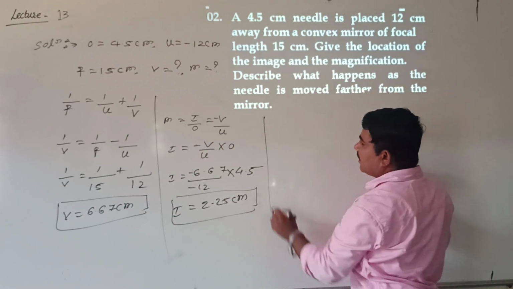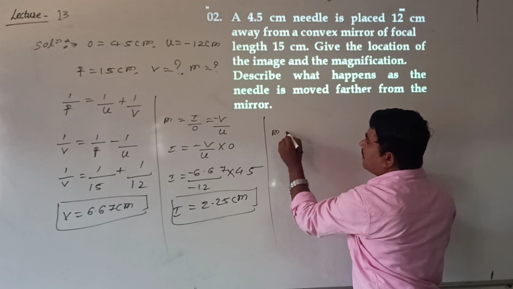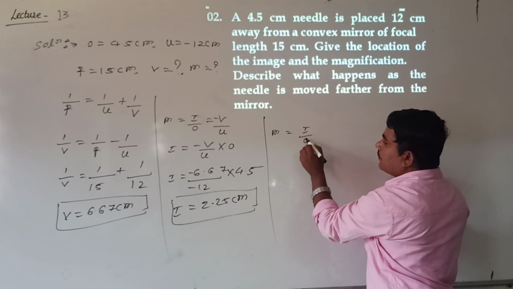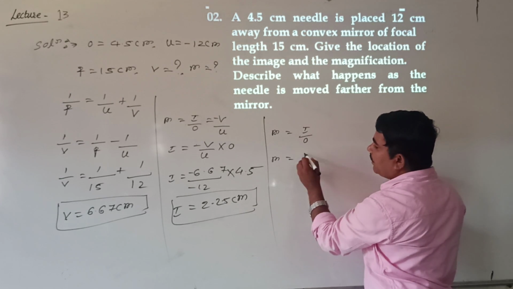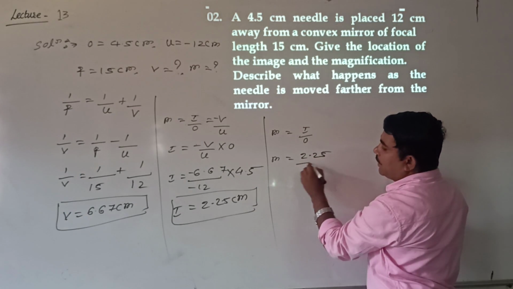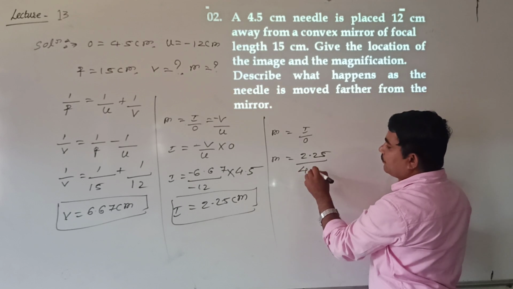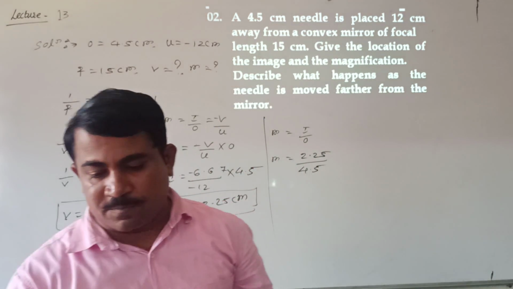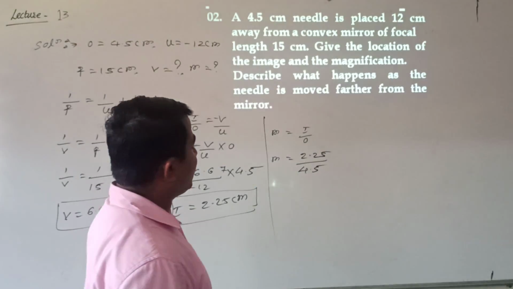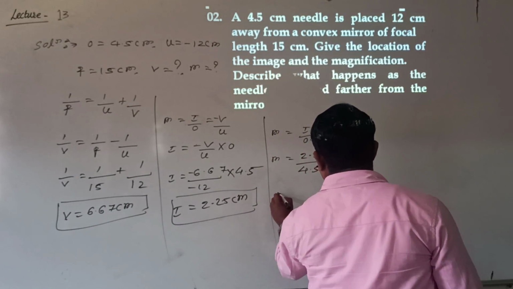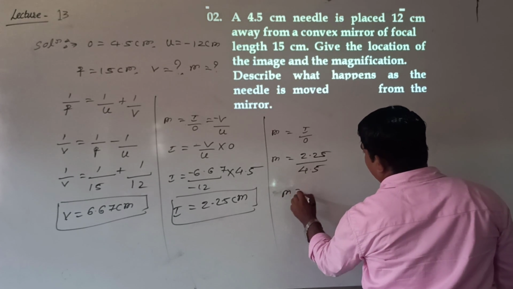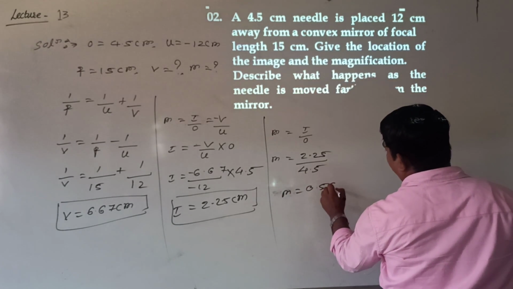Then what is magnification? It is the size of the image divided by the size of the object, that is I divided by O. I is 2.25, object size is 4.5. From this we obtain 0.56 linear magnification. M is equal to 0.56.